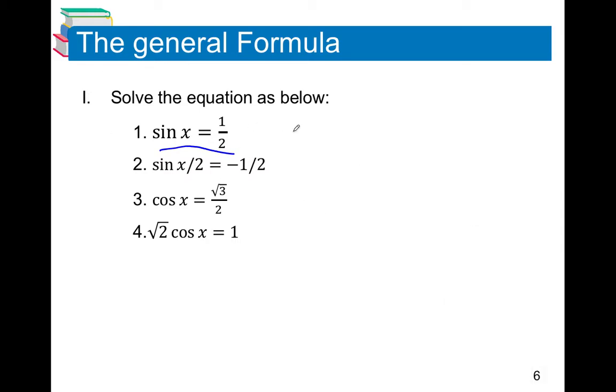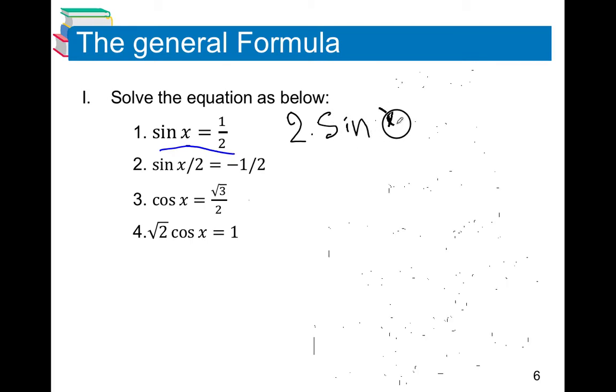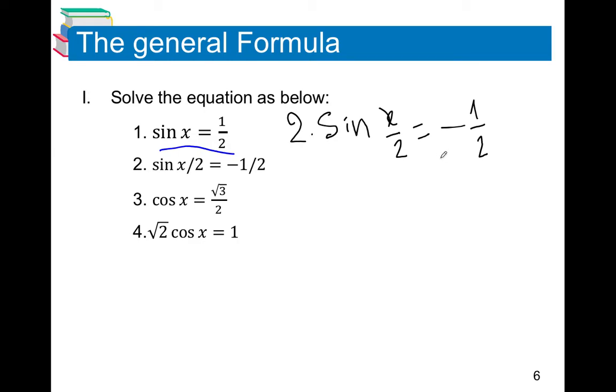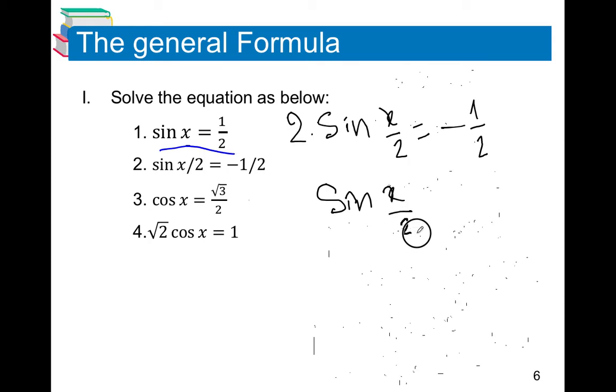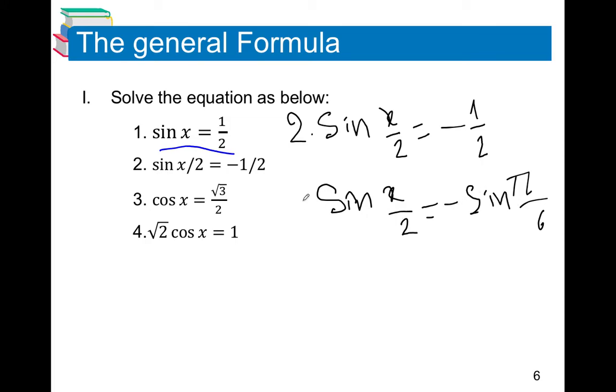For number two, I have the equation sin x over two equal minus one over two, right? This is the normal question, and then we need to do sin u equals sin v like our formula. So we can write sin x over 2 equal minus sin pi over 6, right? But now notice that this one is positive before sin, and this one is negative, not the same.